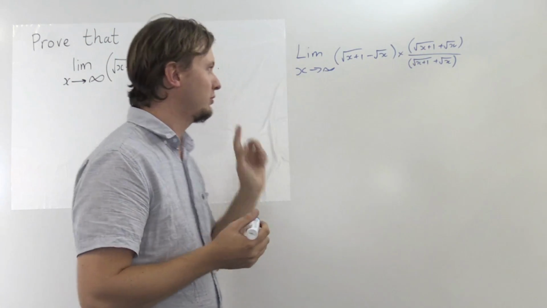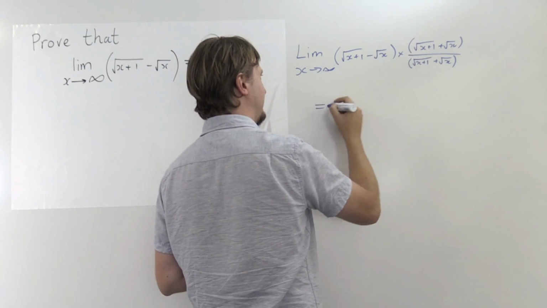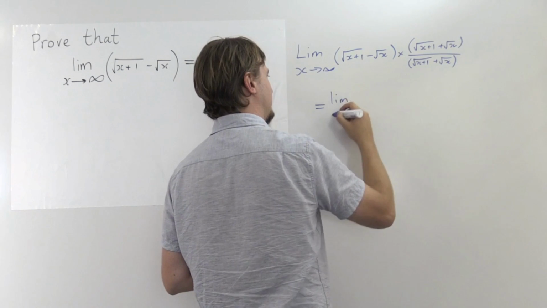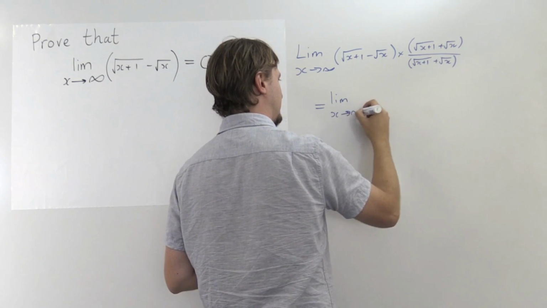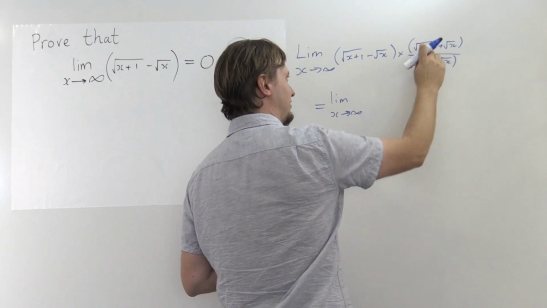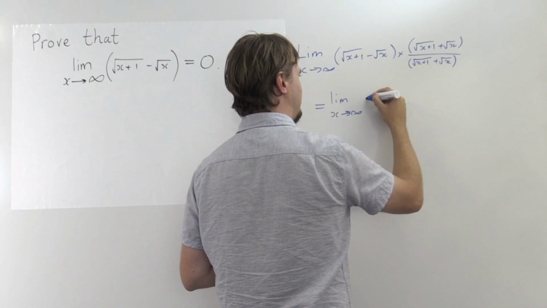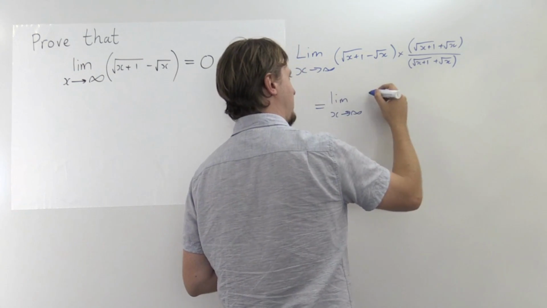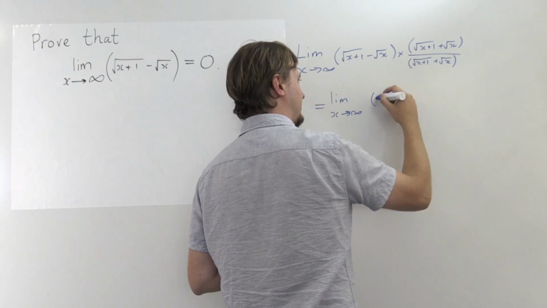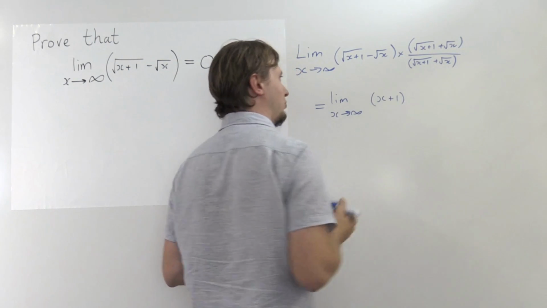What's nice is that if I multiply out these conjugates together, this becomes the limit as x goes to infinity. You get the square root of this times the square root of that. These two square roots together are just x plus 1.